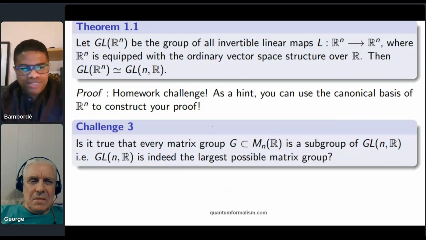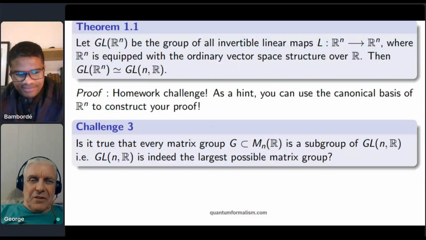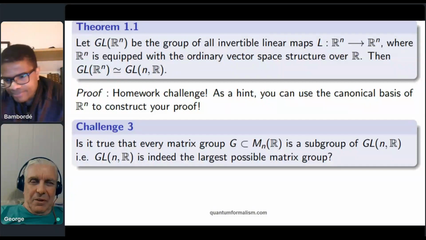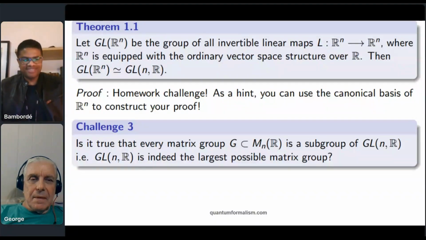George, you were saying something? Dimitri is also saying we kind of defined it this way. Okay, in that case, it's true then, according to Dimitri.